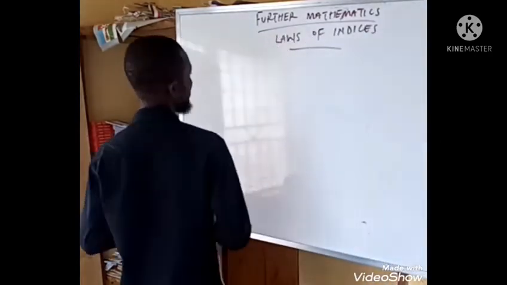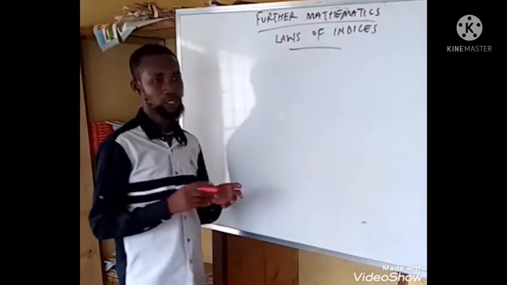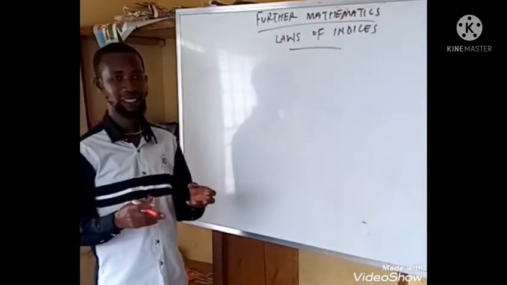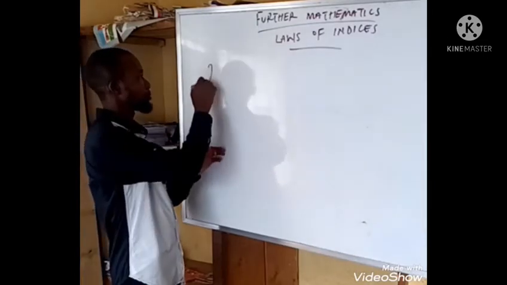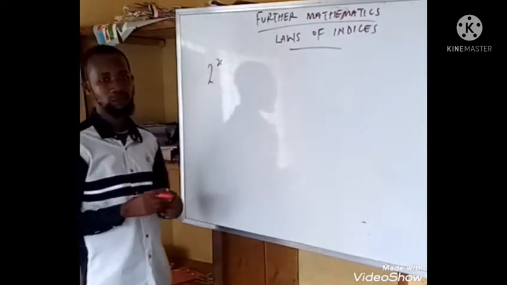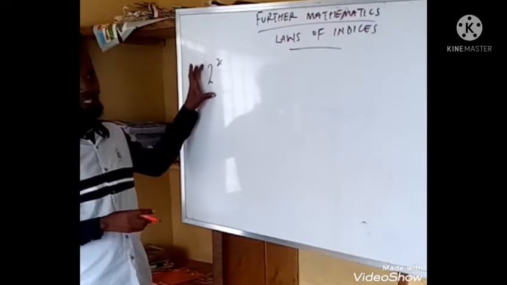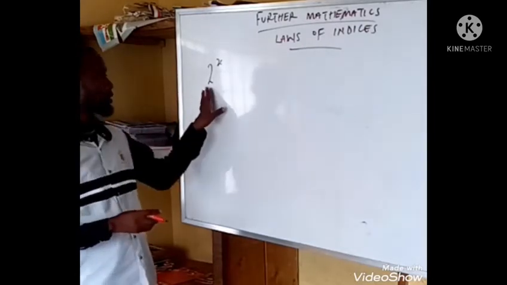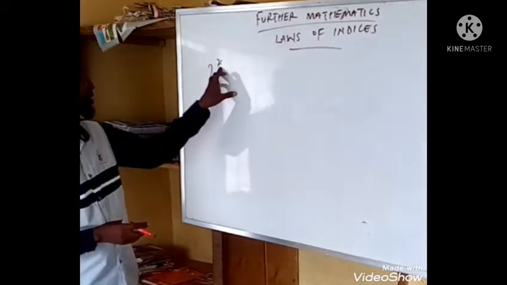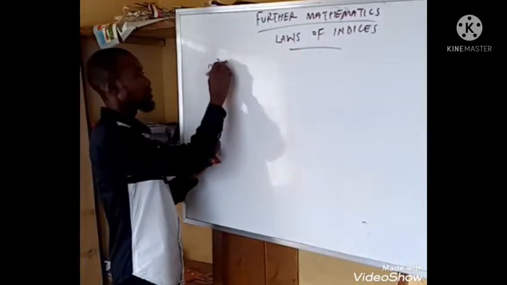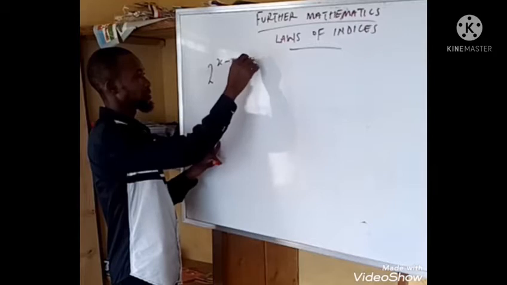By the laws of indices, we want to start with what is known as an index. An index is anything of this form, or expression of this form, whereby one number has this thing above it. This thing which we have above it can be called the index.